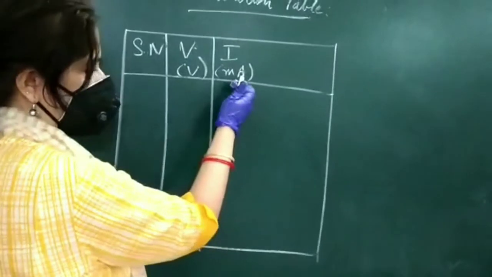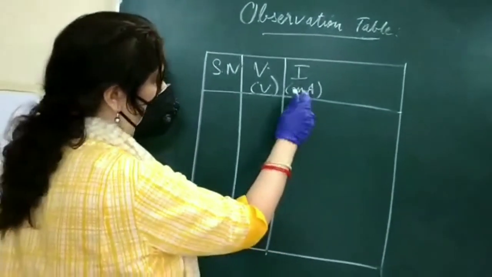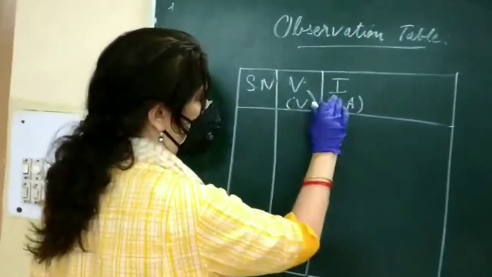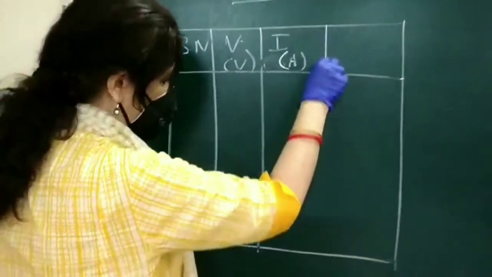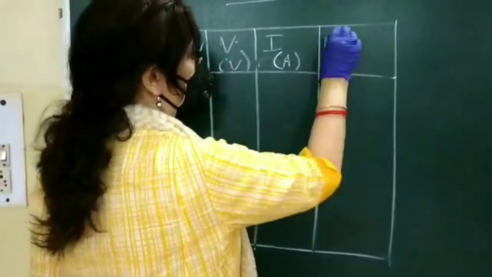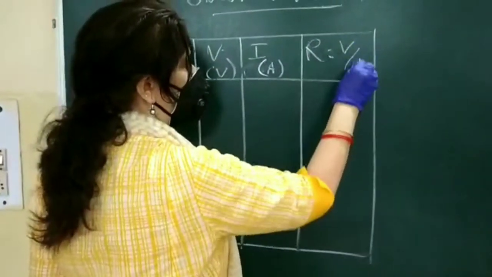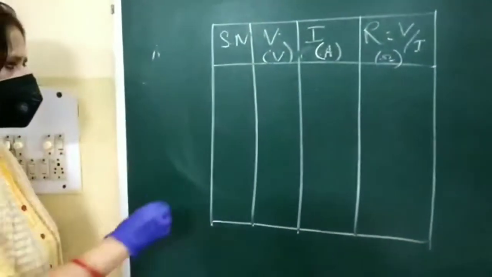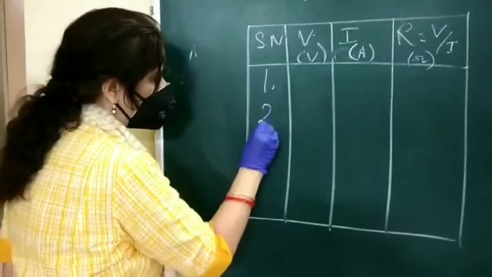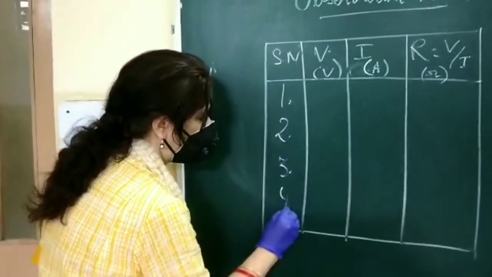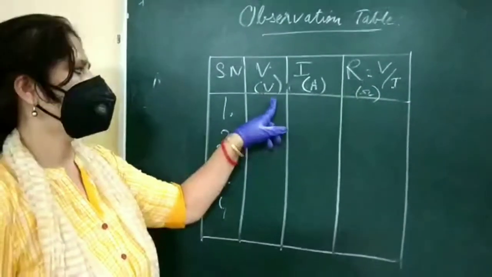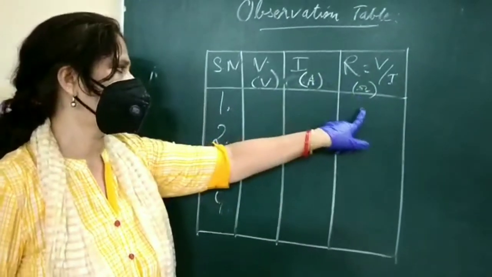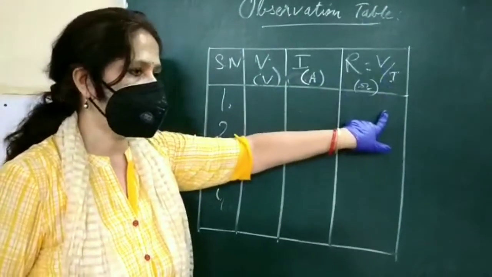Whatever you take, you can always convert to ampere, so I am simply writing ampere. After that, resistance, that is equal to V upon I, and its unit is ohm. Now, these are the number of sets of the reading. Here we will be noting the reading, and here I am taking the ratio V upon I.